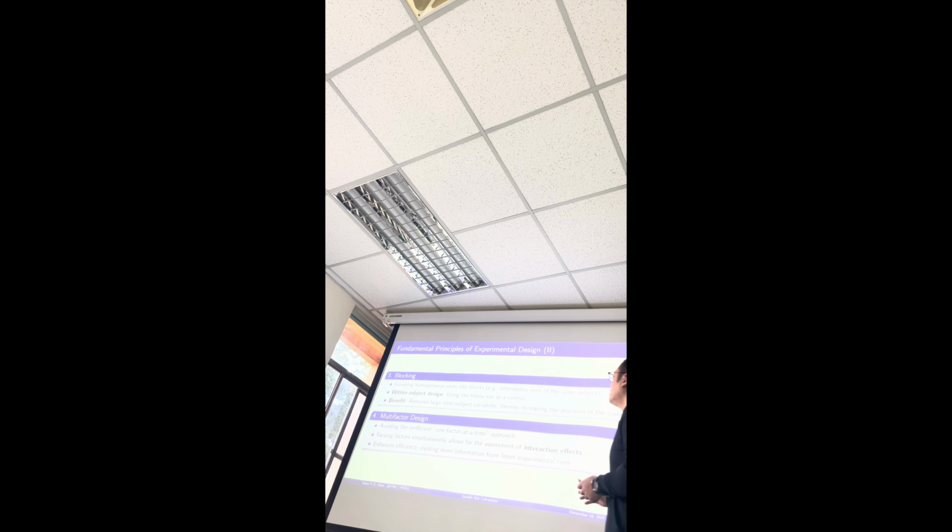And the third one is the blocking concept, grouping homogeneous units into different kinds of blocks. For example, you might have blocks like the eyes of the same subject, and we can also divide into different subjects, like the within-subject design using the fellow eye as a control.